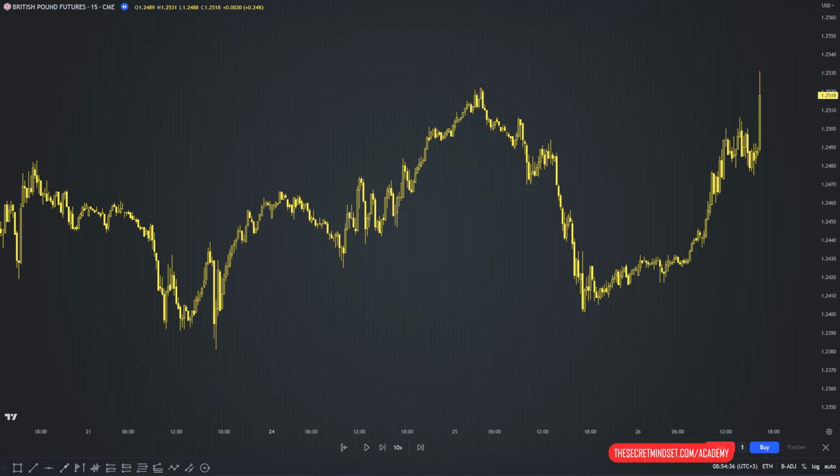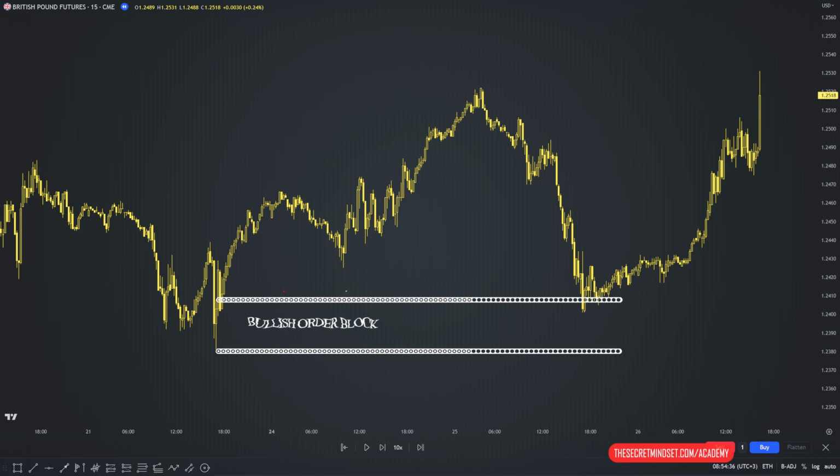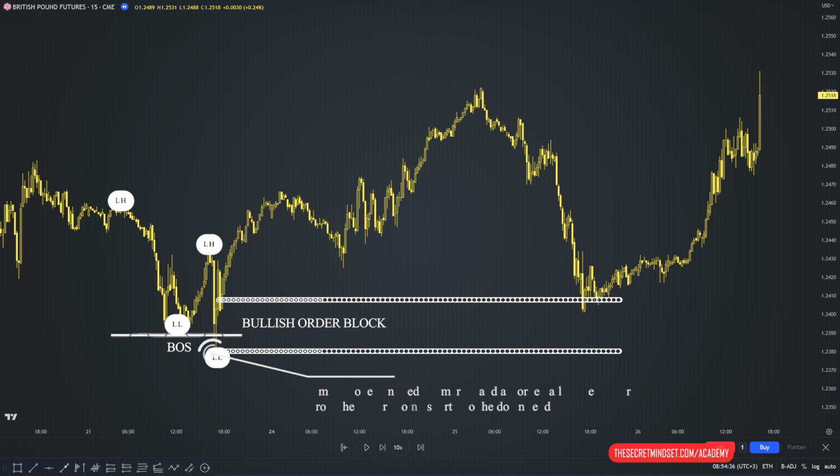In this example, we can see a bullish order block formed after the market has been falling. We have lower lows and lower highs, and the break of structure here. A large percentage of retail traders entered into short trades at this point, which meant there was a lot of profit to be made by the banks if they came into the market and caused a reversal.